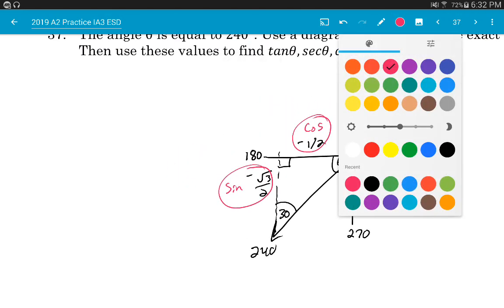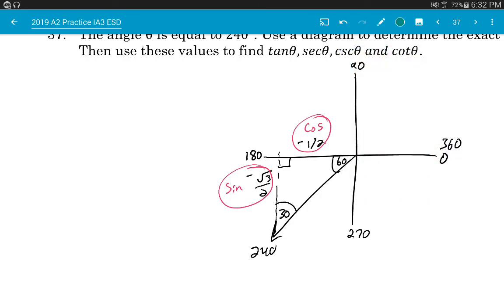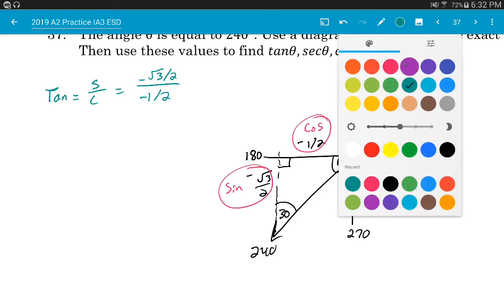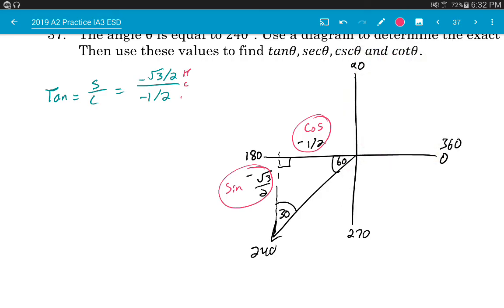Now, I need to find tan theta, secant theta, cosecant, and cotangent. So, some of these are pretty easy. Tan is sine over cos, which is negative radical 3 over 2 over negative 1/2. I'm going to keep, change, and flip.